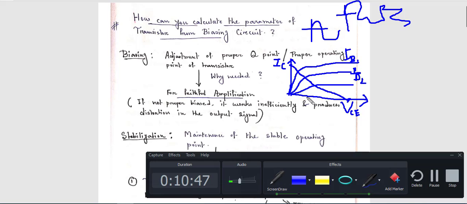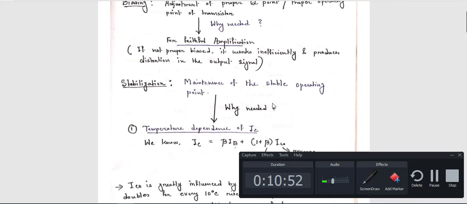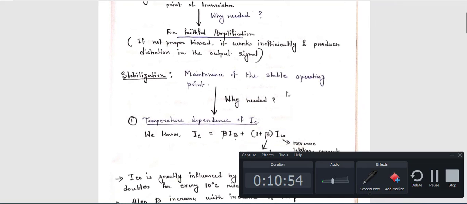So with biasing, one more important topic is related, that is stabilization, from where the stability factor can be calculated. Now what is stabilization? Basically stabilization means maintenance of a stable operating point. That means in the case of biasing, you choose the Q point, which should be the proper Q point. Now you have to maintain this Q point.